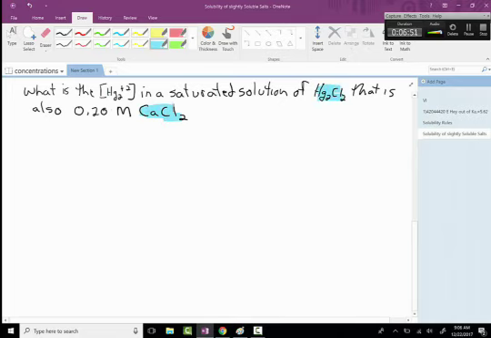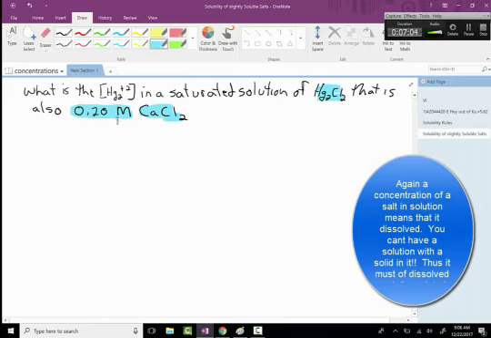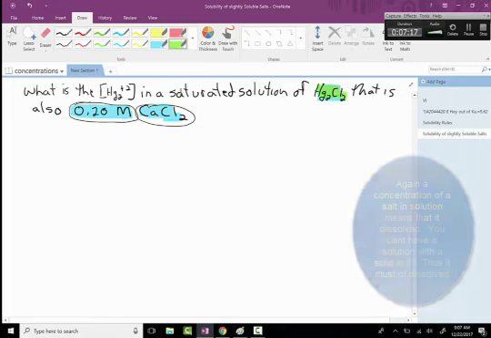I should recognize that calcium chloride is a soluble salt. If I don't, there's other hints. If I make a solution 0.20 molar, that means it had to have dissolved. So the 0.20 molar here implies that it all dissolved. Note, I didn't say anything about the concentration up here because I don't know it. That's what saturated means. It means there's as much in solution as possible, and I don't know what that is.